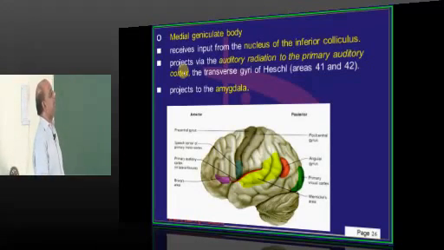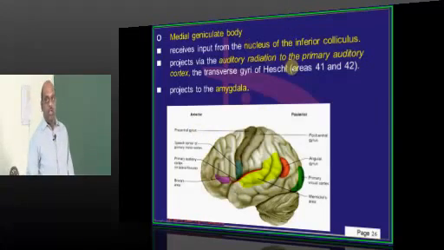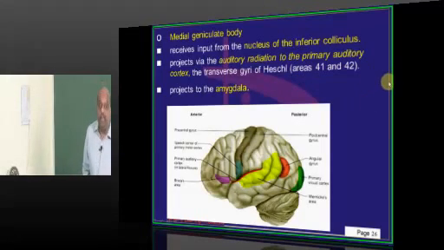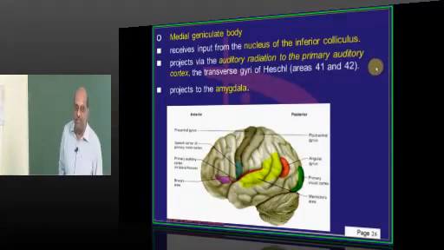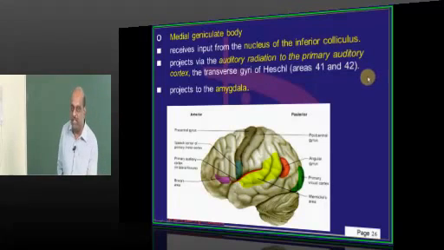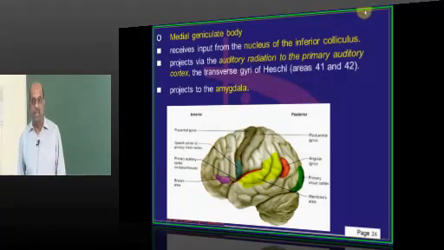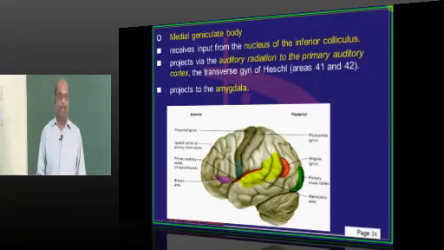Colliculi are located at the level of the midbrain. Olivary nuclei: the superior olivary nucleus is in the pons, and the inferior olivary nucleus is in the medulla. Right?